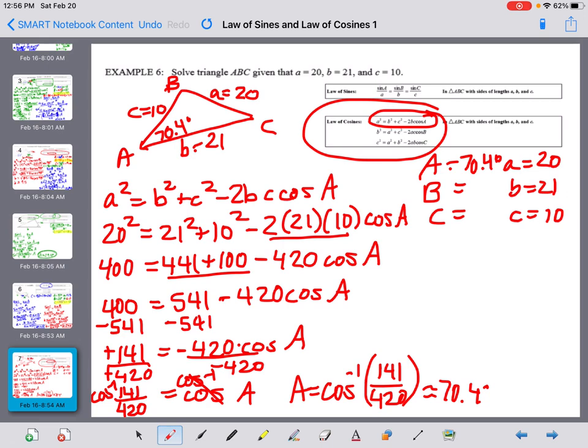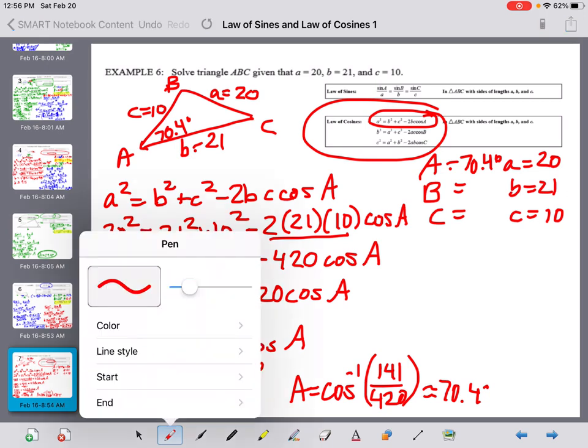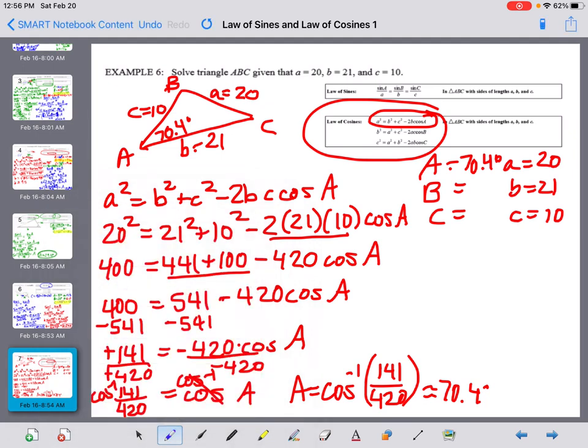All right. One angle down, two angles to go. And now we know that we have this angle and side that go together, so we can use my law of sines now. So because I have A and A, I'm going to go to that. I have angle B and angle C left. I probably should have started before and said, wait a minute, is there a chance I have an obtuse angle?